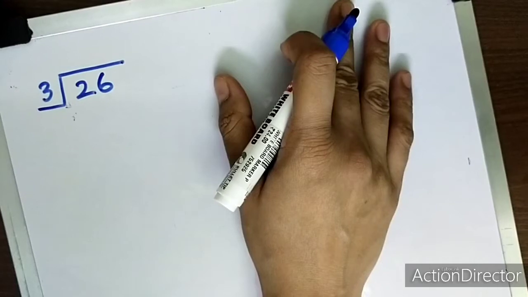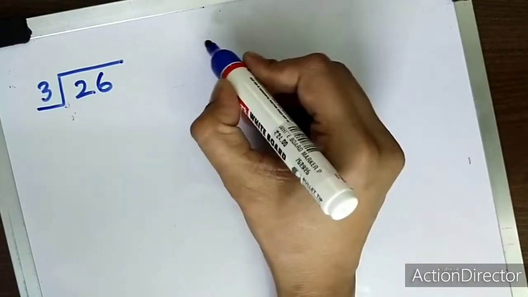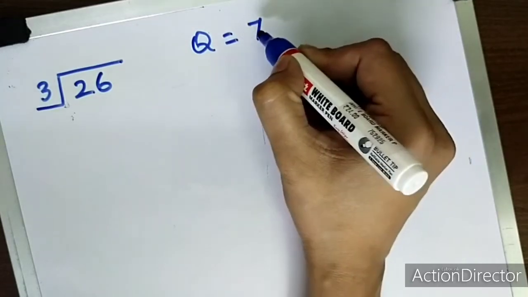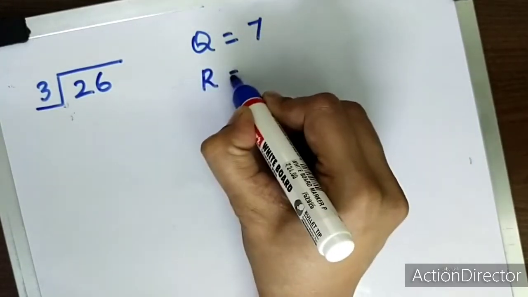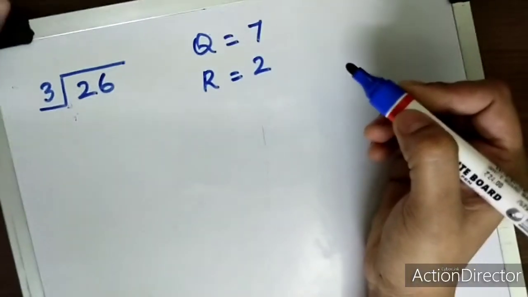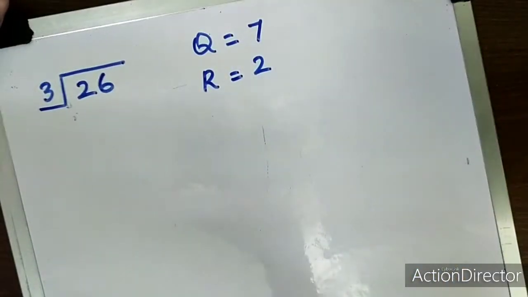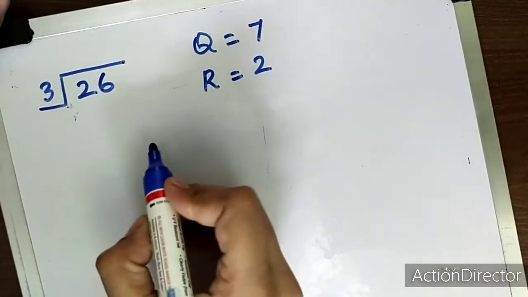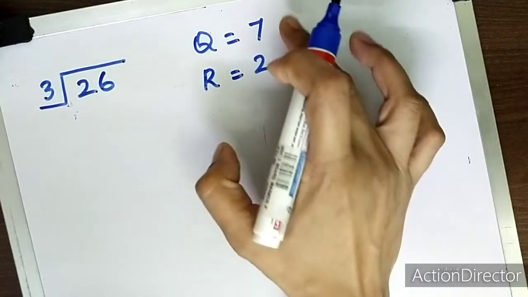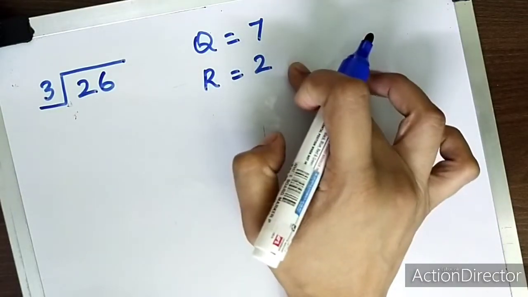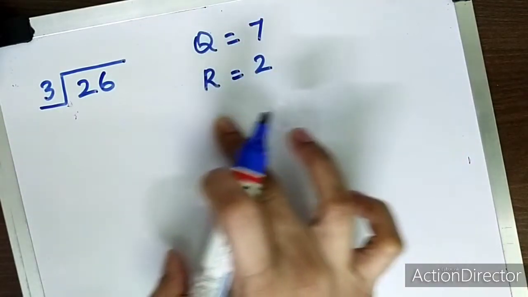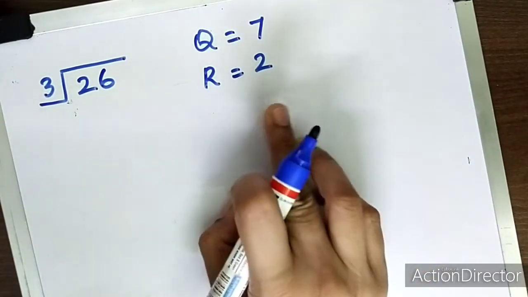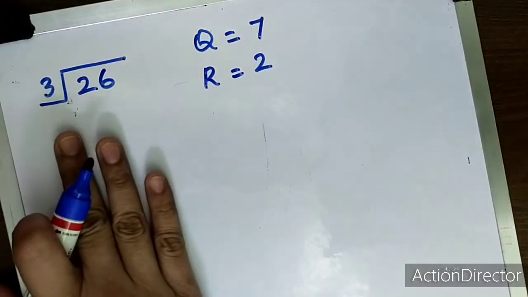They have given that quotient is 7 and the remainder is 2. Now we are going to find whether this answer is correct or wrong. We are going to check whether the quotient and remainder they gave in the book is correct, or what we are doing is correct.